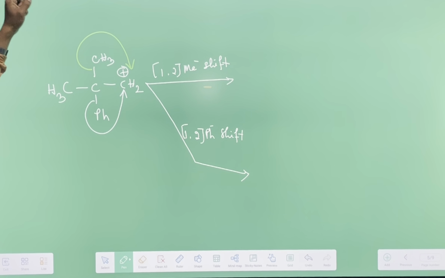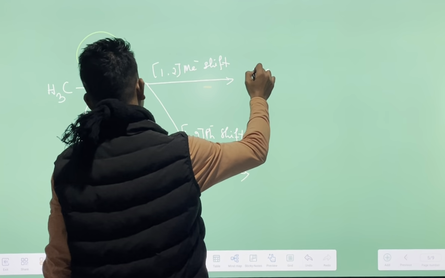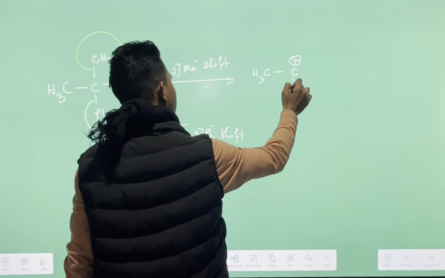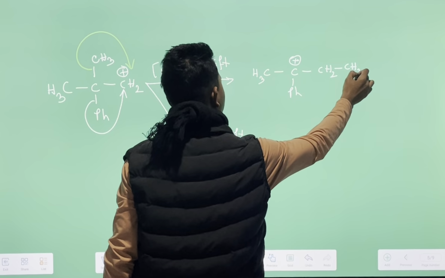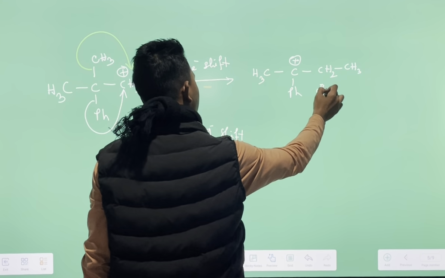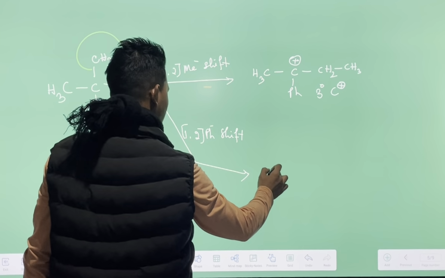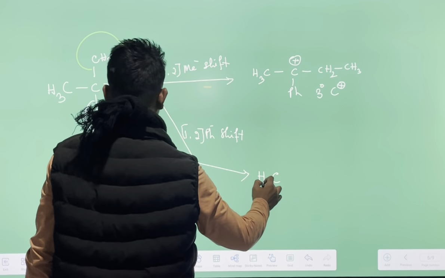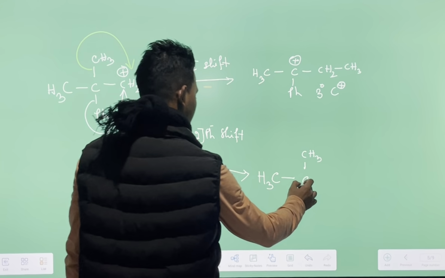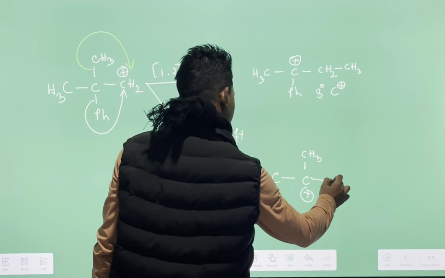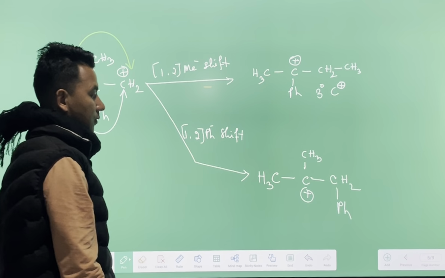First, let's do it by the methyl shift. CH3, C carbocation, this is phenyl, and CH2, CH3. This is also a tertiary carbocation. And again, let's do it the other way, that is CH3, C, CH3 carbocation, CH2 phenyl group.